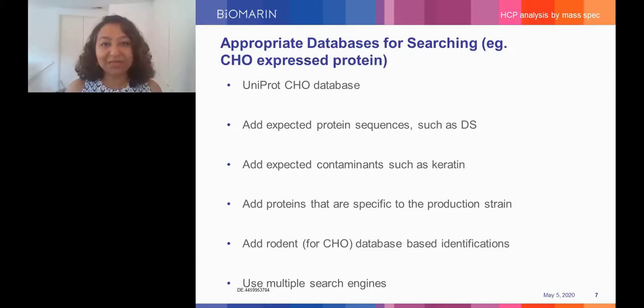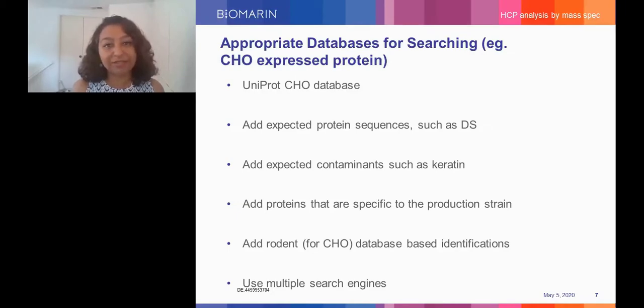So it's good to actually include it in the database so that you can identify these, and then these peaks don't get searched against other proteins, for example, and give you some kind of a score that's not reliable. There's also the addition of proteins that might be specific to a given cell line that you're using, that are specific to that manufacturing or process development exercise.